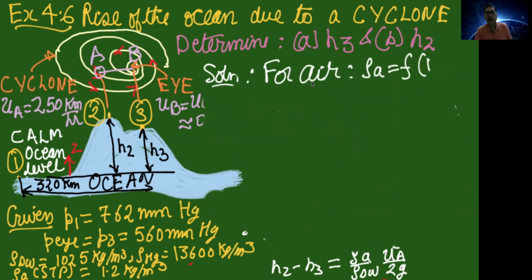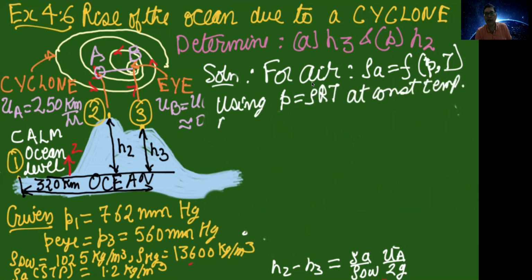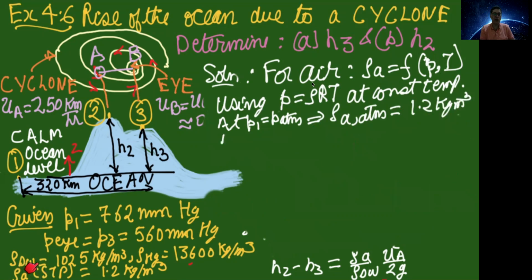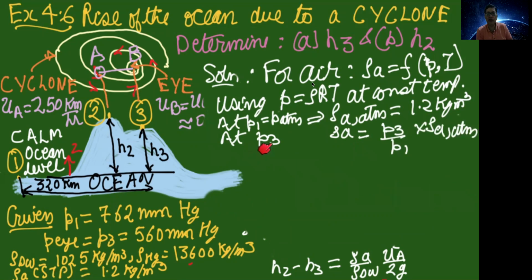We will basically consider density directly proportional to pressure, and using, as I said, P is equal to rho RT at constant temperature. We know that at P1, which is atmospheric pressure, you are given the rho at standard operating temperature and pressure, which is 1.2 kg per meter cube. At P3, we know this pressure. We'll use this expression to calculate the density of air.